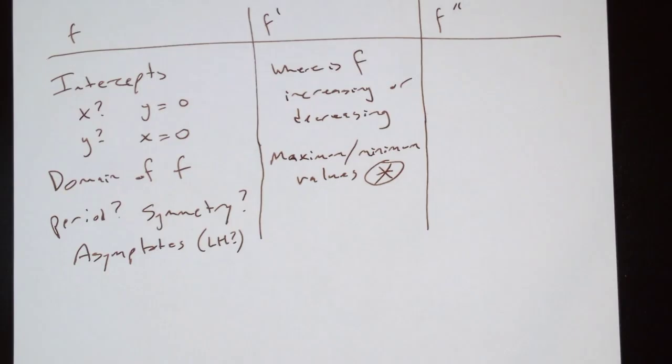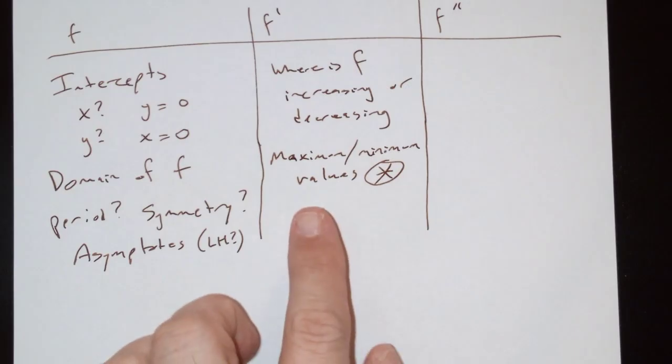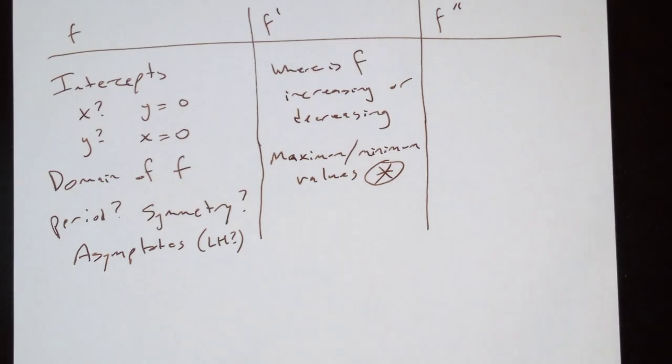But we learned more about my function, not just from f prime, we learned about f from f double prime as well. What did f double prime tell me about f? Convexity, where it was curving in different behavior, right?